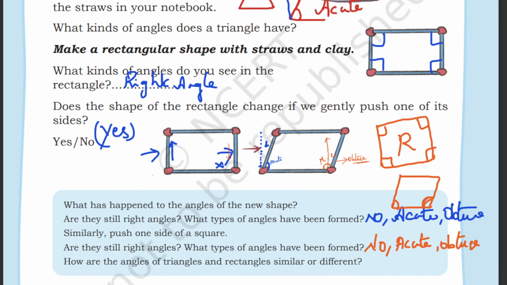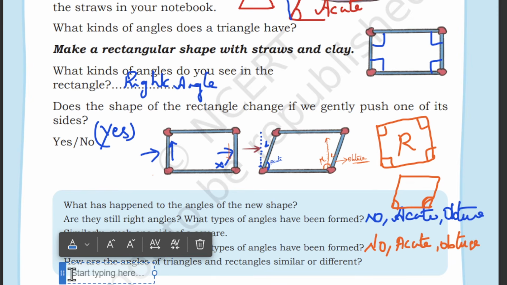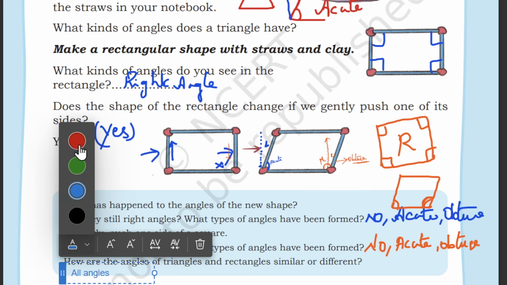I'll write and show you how the angles of triangles and rectangles are different or similar. Okay. They are different and similar. So you can write, I'll change the color to red, students.